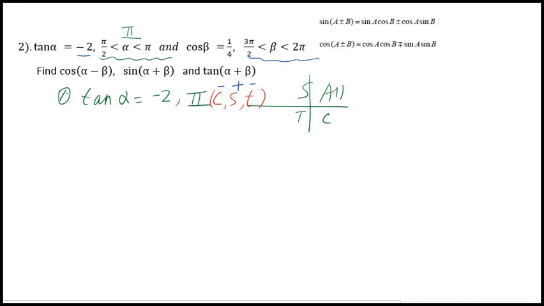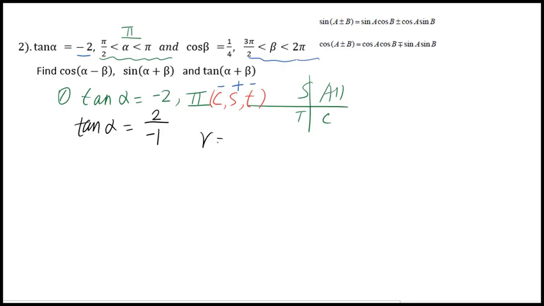Since tangent alpha equals sine over cosine, and sine is positive, when I write down the fraction for -2, you will do 2 over -1, because it is sine over cosine.